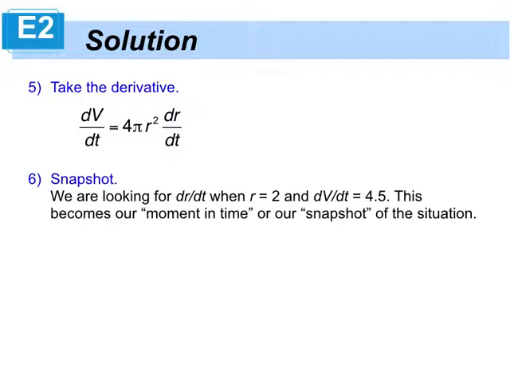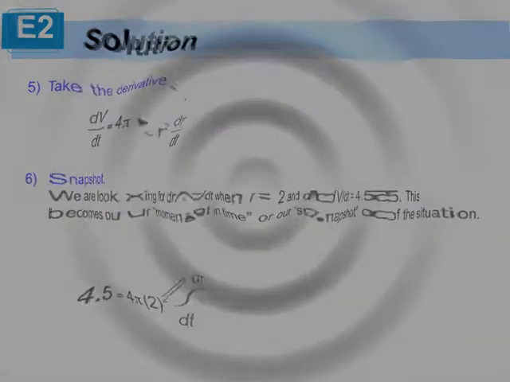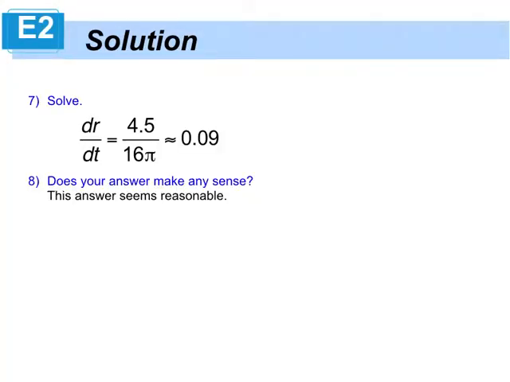Then plug in 2 for r and 4.5 for dV/dt. Now you found it? Okay, what did you do wrong? I combined steps 6 and 7 into one step. Okay, so we're good? Yeah.